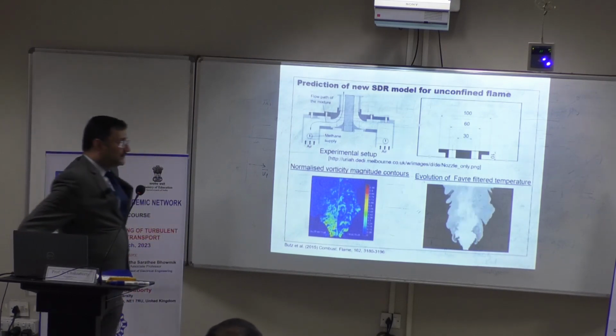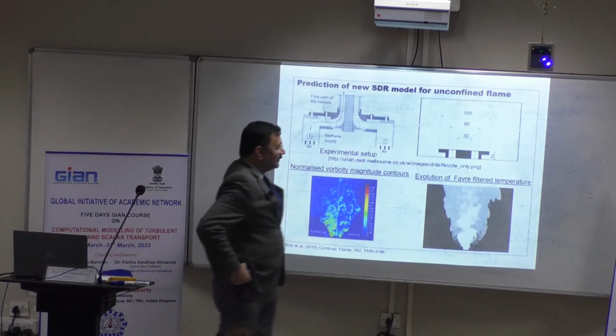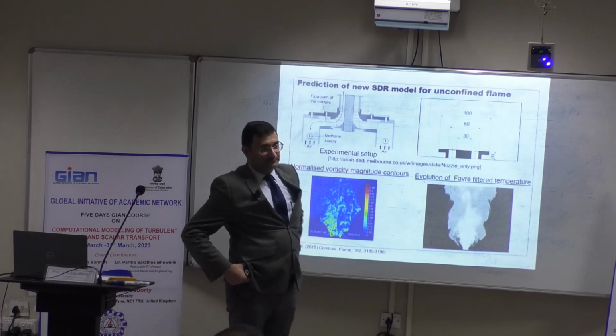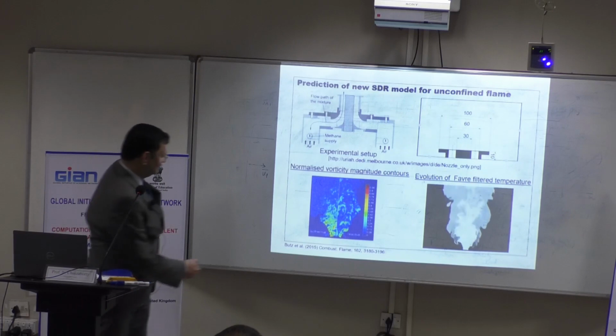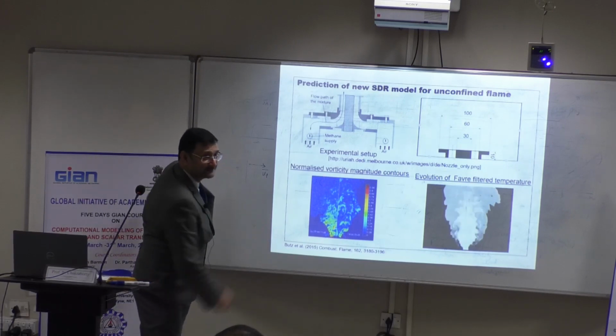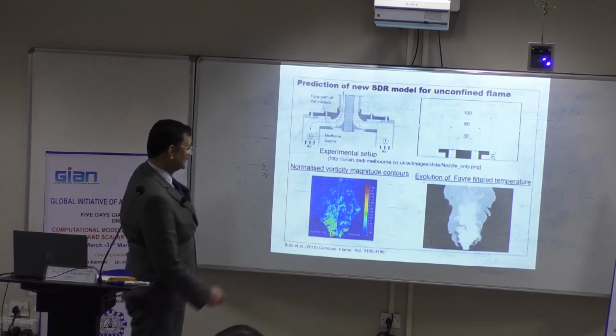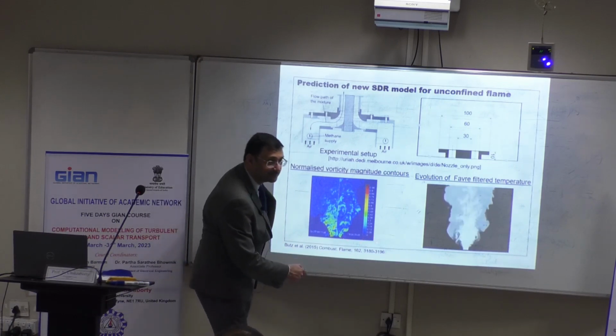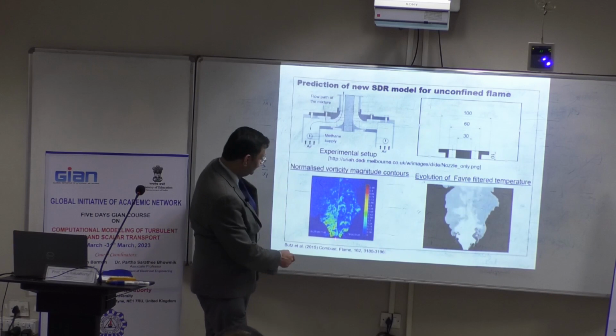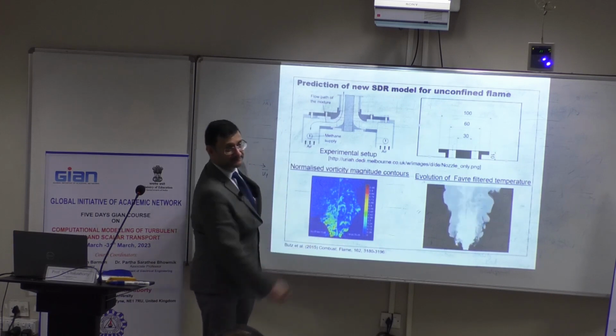We actually use that for a swirl flow, which is a generic gas turbine combustor. This is the isothermal simulation, the vorticity magnitude, and this side is the reactive flow simulation. And you can see it's very different.